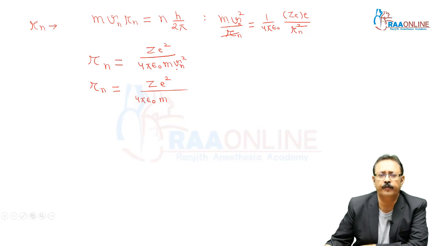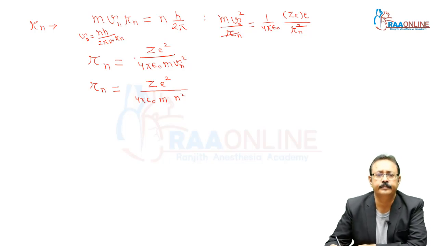What is the value of Vn? We want Vn square. But what is Vn? From this, Vn is nh upon 2 pi m Rn.